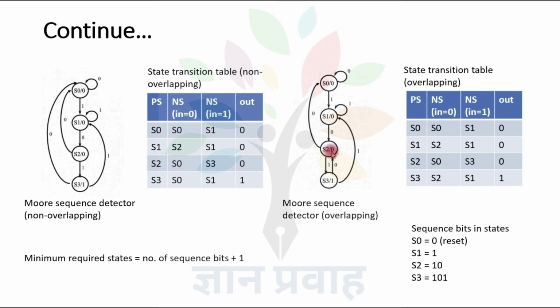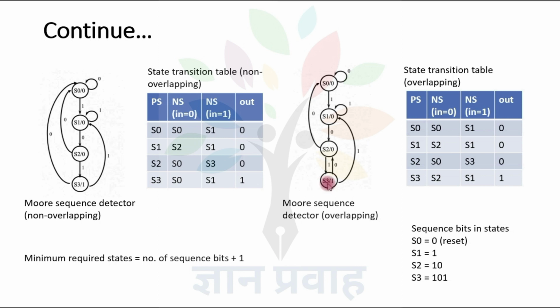When we receive 0 at state S2, we move to the reset state because the order of the sequence is disturbed here and we start from the initial state.